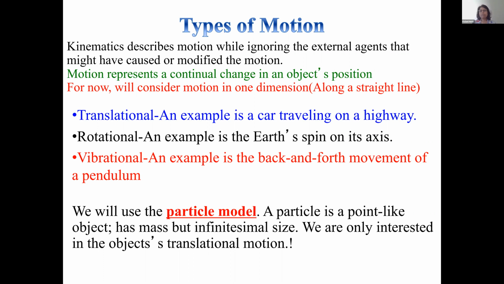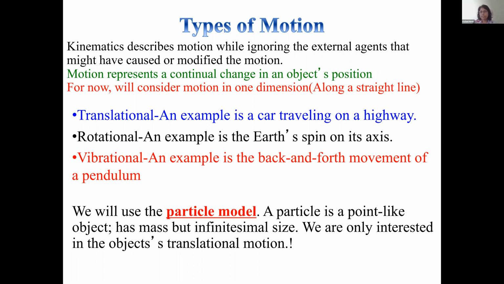As a simple example, if your object is moving and there is friction, friction is an external force that will disturb the motion. In that case, that is not kinematics. Kinematics basically describes the motion of the object without any external disturbance to the motion.